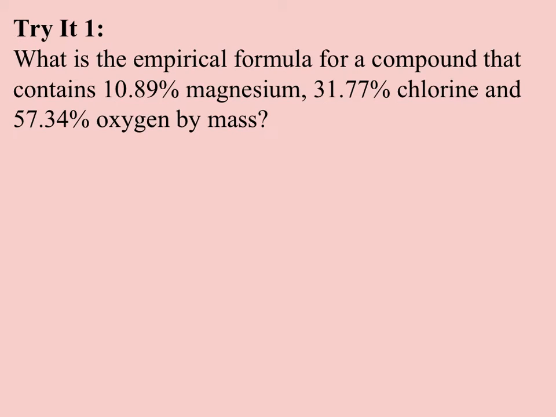So I would rewrite this as just MgCl2O8, or you maybe remember that there's a polyatomic ion ClO4, so this would actually be Mg(ClO4)2, but MgCl2O8 would be its simplest empirical formula.